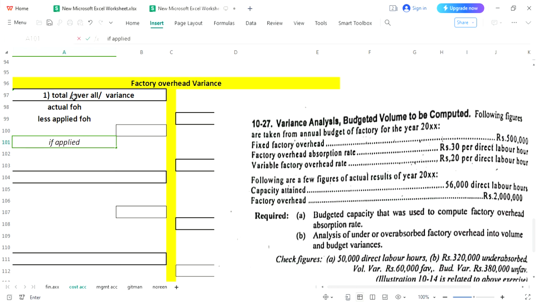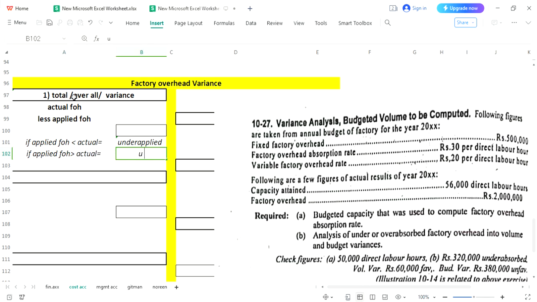If applied FOH is less than actual, that means applied is less, you will mention it as under applied FOH. Auto correction was working, that is why I have chosen whatever had come in front. And next, if applied FOH is more than actual FOH, then you will consider it as over applied because applied was more. In this way you will calculate your first variance.